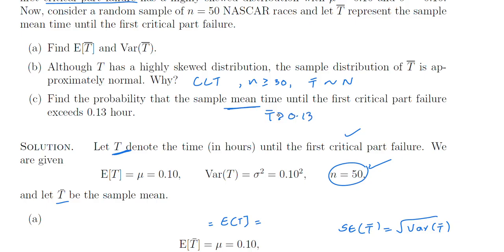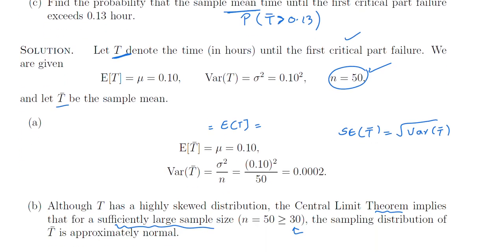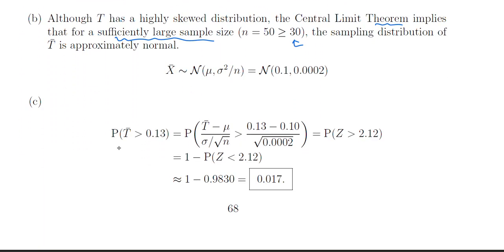If I write it like this, that means the sample mean time exceeds 0.13, and that's not what we want. What we want is the probability of that. So we need to write P of T bar larger than 0.13. Okay, here we go. We want the probability of T bar being larger than 0.13.